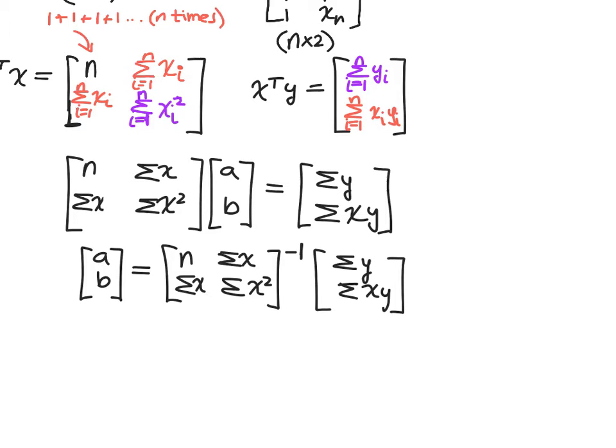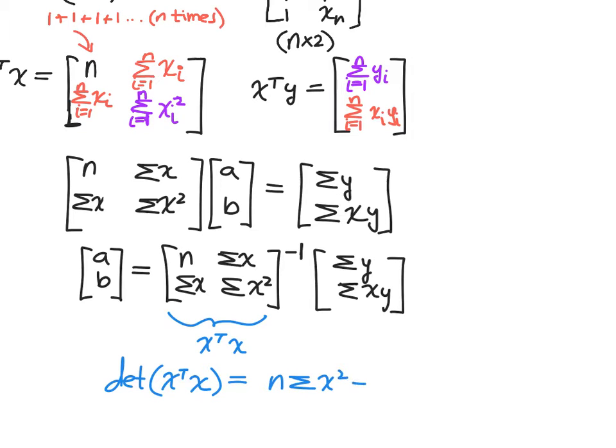So what we'll do is use the shortcut for finding the inverse of a matrix because it's 1 over the determinant, and then you do the diagonal swapping and negating. Right? So what I need, because this is the transpose of x multiplied by x, I need the determinant of transpose of x multiplied by x, which is n times the sum of x squared minus a different kind of sum of x squared.